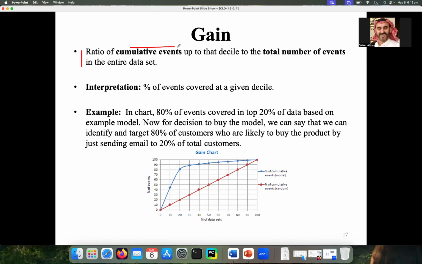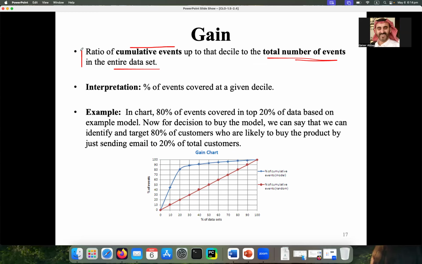If you are on decile number 5, then you have to see the cumulative events up to that decile 5, and then divide by the total number of events in the entire data set. If you do that, you will get the value of gain after division.